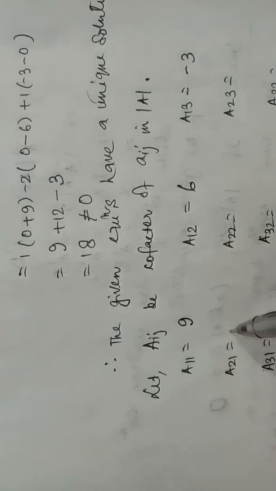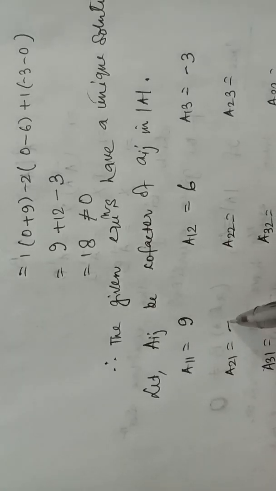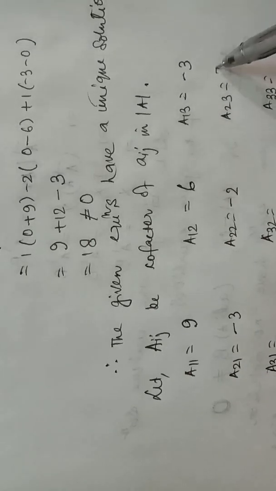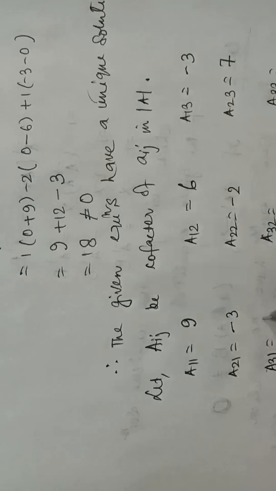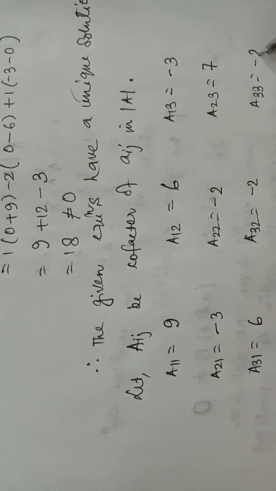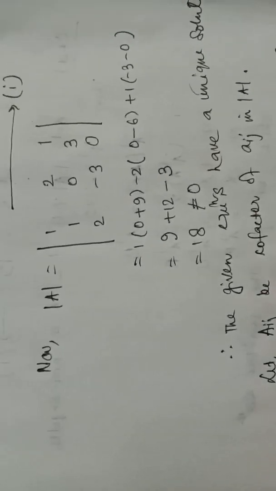A21 will be minus 3, A22 will be minus 2, A23 is 7, this will be 6, minus 2 and minus 2.